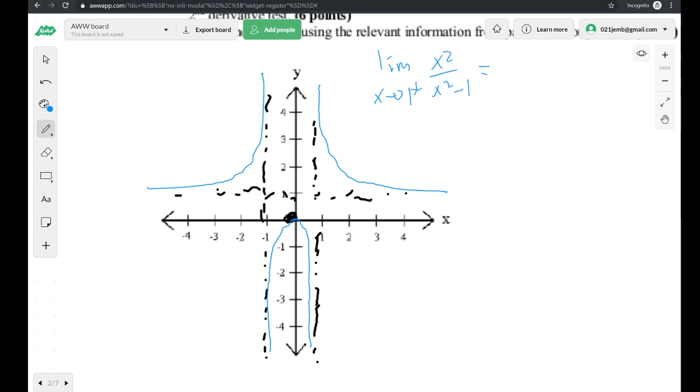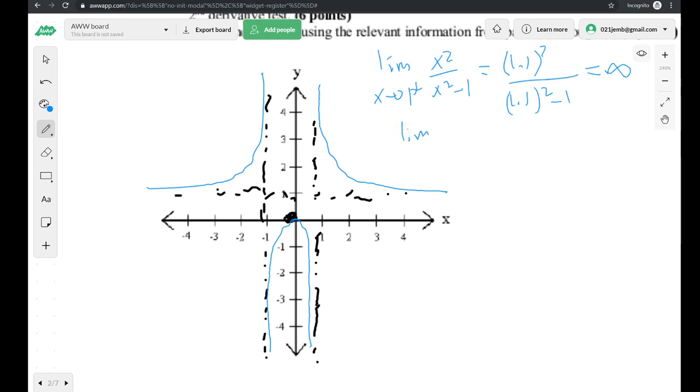If you think about it, you could take, say, 1.1 from the right, squared, divided by 1.1 squared minus 1. If you keep doing that, say 1.0001, that's just going to give you a small number divided by a very, very small number. So that's positive, and it's positive infinity.